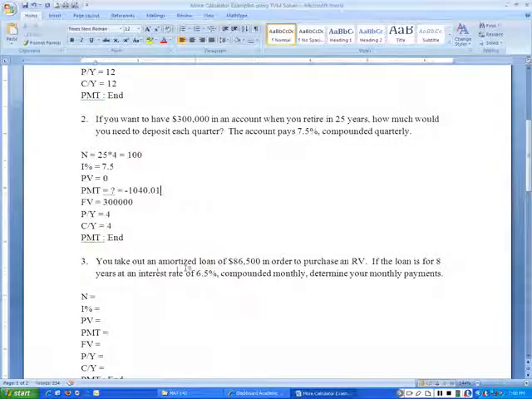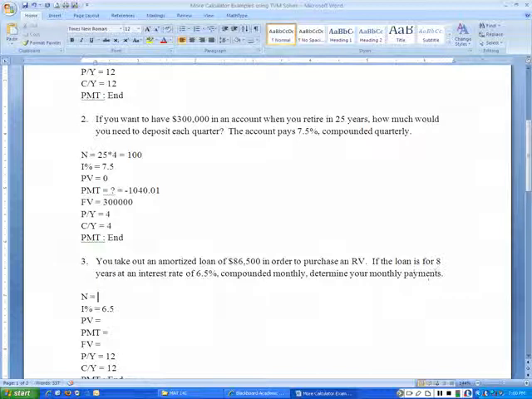Number 3, you take out an amortized loan of $86,500 in order to purchase an RV. If the loan is for 8 years at an interest rate of 6.5%, compounded monthly, determine your monthly payments. So I could go here and say, I know the interest rate is 6.5%. I know things are monthly, so these are going to be 12.